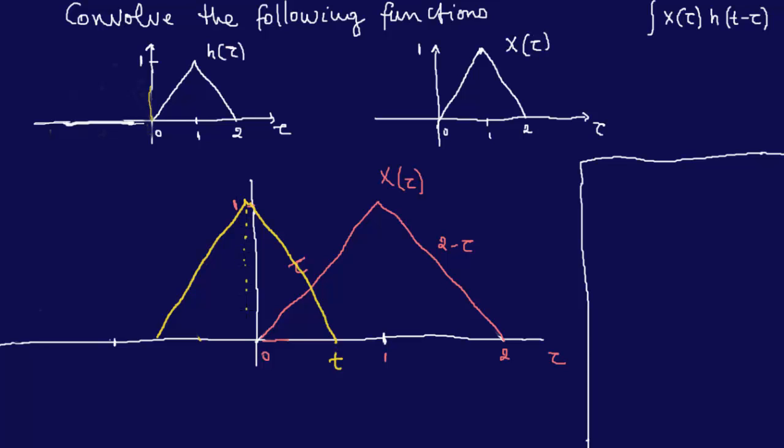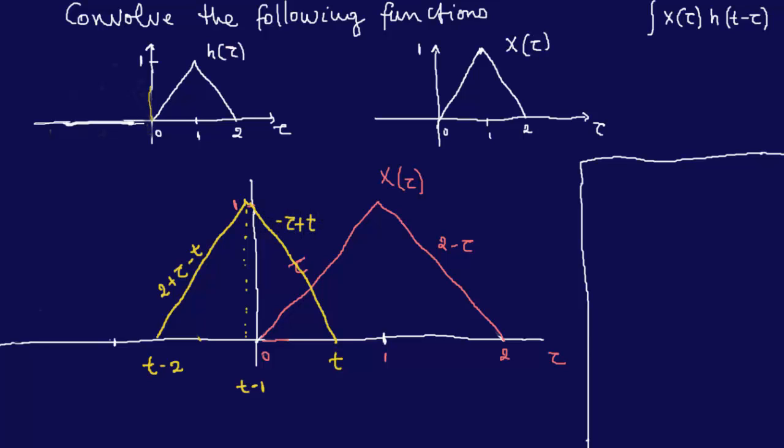Again, I'm skipping finding out the overlapping regions, etc., because we're not really finding the final graph. We're just finding the integral part of it. So this was your t minus 1, and this is your t minus 2, and this one was 2 plus tau minus t, and this is your minus tau plus t.